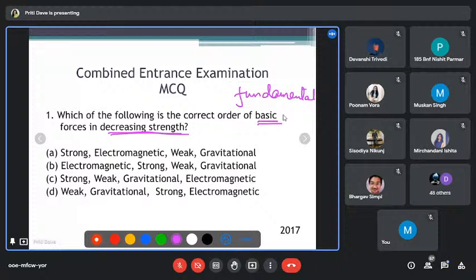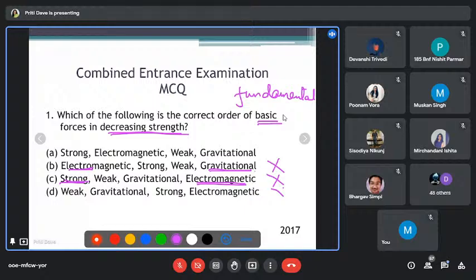As I said, you must remember the starting force and the end force. Gravitational and strong, it will be one of the two. Here it starts with strong but doesn't end with gravity, here it ends with gravity but strong is not there. So all three other options automatically get nullified.